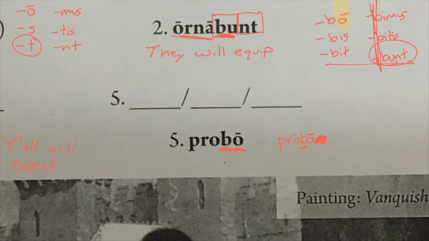We've simply added an O. And if you'll recall, when we add the O, it turns into a little Pac-Man, and it eats the A. So we end up with probo. So our ending comes from the present tense endings. O, s, t, mus, tis, unt. First person, because it's on the first row. Singular, because it's in the left-hand column. And as I said, present tense. So if we were translating this, it would simply be I for the O. Again, working our way backwards. I. And then probare means to approve. So I approve.